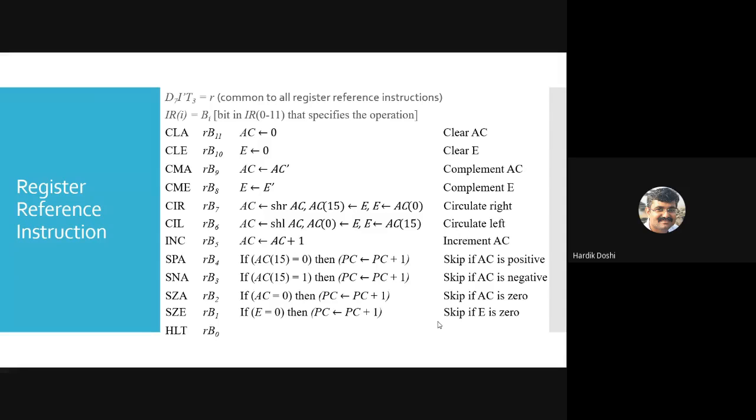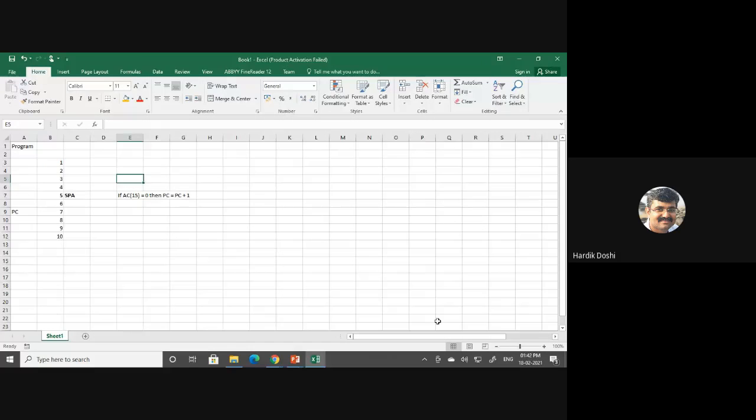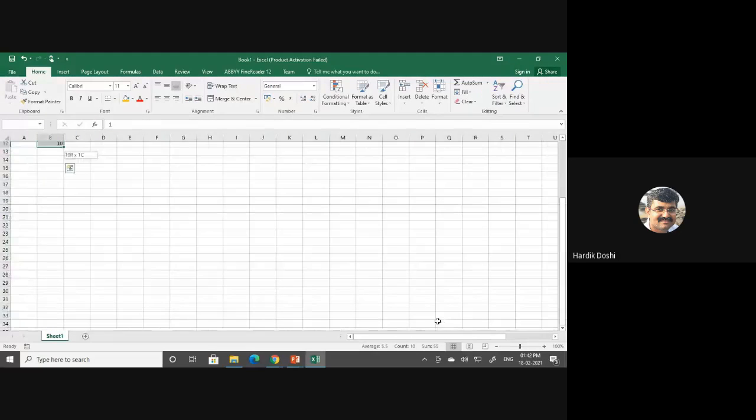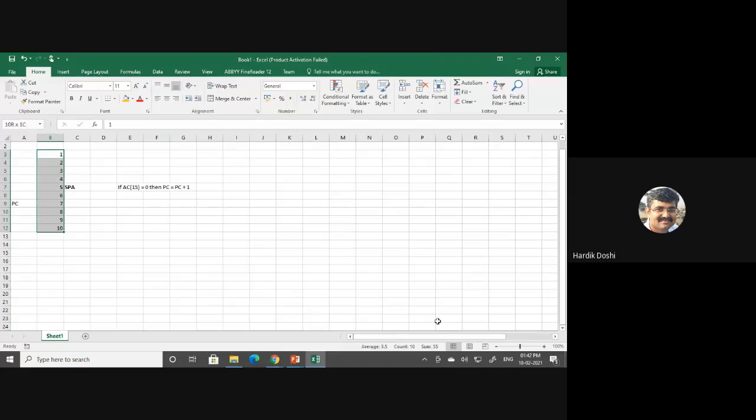Halt the computer means, say for example, suppose there are 10 instructions in my program, and at the 10th instruction I have written HLT. It means the computer will understand that the program is over, no more instructions are there. So it needs to break the instruction cycle. There is one flip-flop named S, which is termed the start-stop flip-flop.